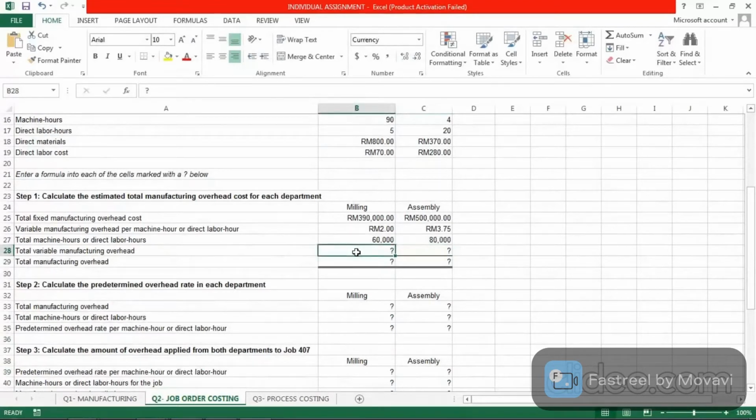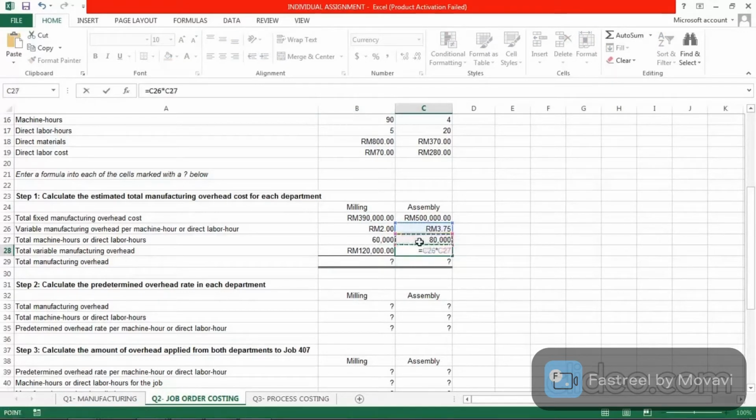To get the total variable manufacturing overhead, we need to multiply the variable manufacturing overhead per machine hour or direct labor hour by the total machine hours or direct labor hours. So here, 2 ringgit times 60,000, and here 3.75 times 80,000.